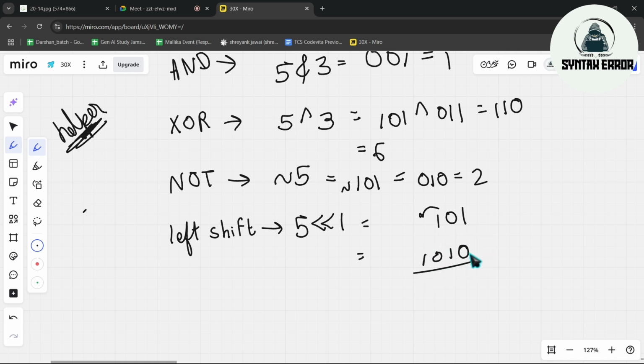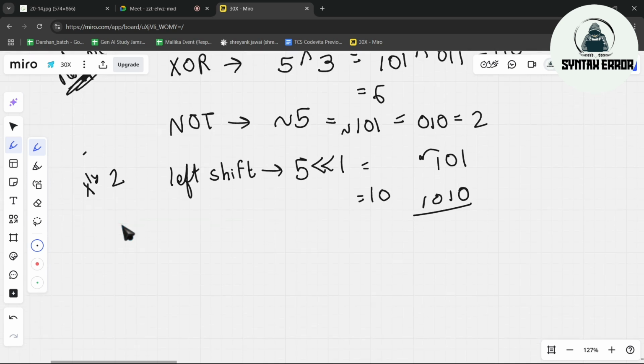What is the decimal conversion of this 1010? 10. Yes, exactly 10. So by this, what we got, if we are getting 5, we are getting 10. So basically, what this left shift does is, if we left shift by 1, it will multiply the given element by 2. This was the thing which I wanted to derive, but you already said it.